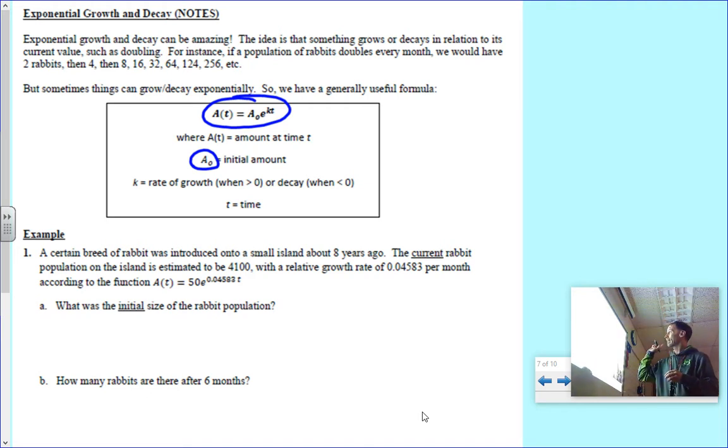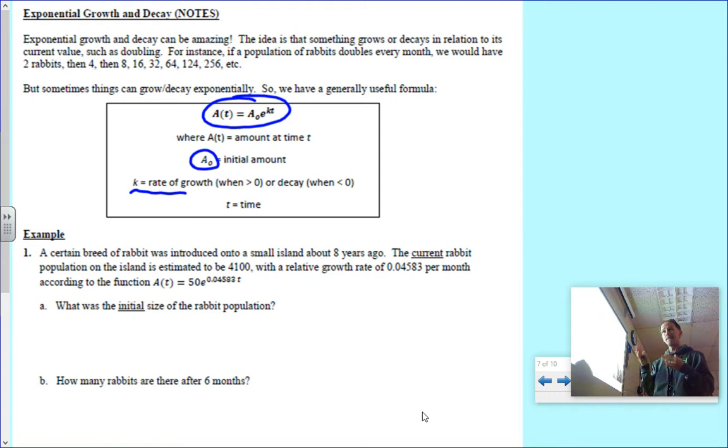And then you see that k term, so e is our number e. The k is our rate of growth. Now, it's not as easy as calling it a percentage, but it's going to be some kind of decimal. But notice it can be positive or negative. If it's a positive number, it's going to be a growth function, so the amount, like population, is going to be increasing.